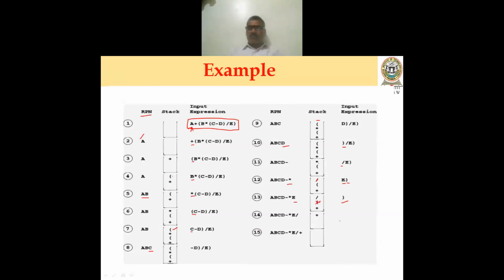Then we see whether there are more operators; there is still plus in the stack, so we pop it from the stack and add it to the RPN resultant expression. This is the result: the given infix expression is converted into the corresponding postfix expression, which is also called reverse polish notation.